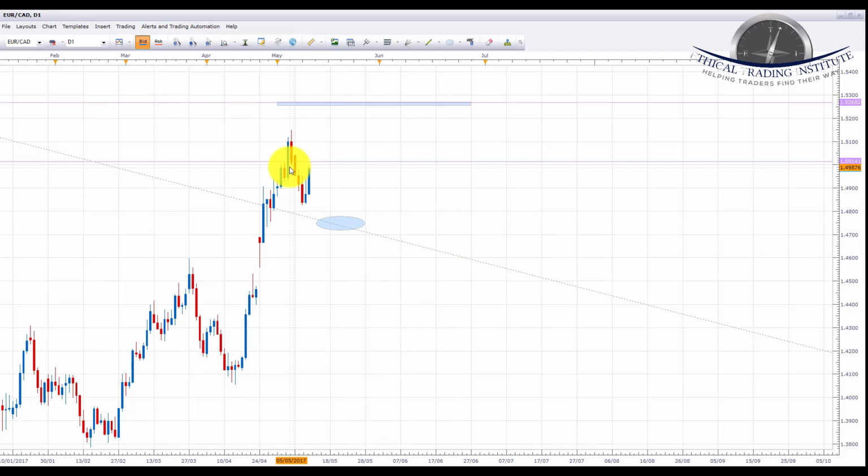So if we do get some shorts coming in at this area, I am going to be looking for a retest of this major broken trend line at roughly the 1.47500 area across here. But if we start to see breaks above this 1.501 area up here, then I do see 1.526 as the next key area of resistance on this pair. So I would favour longs on this pair, but I do see a potential move back down to retest this major downward sloping trend line first.